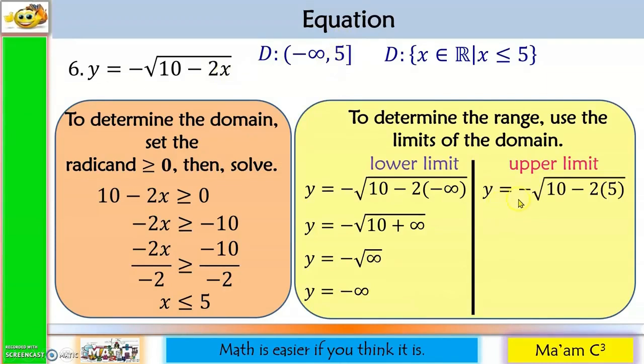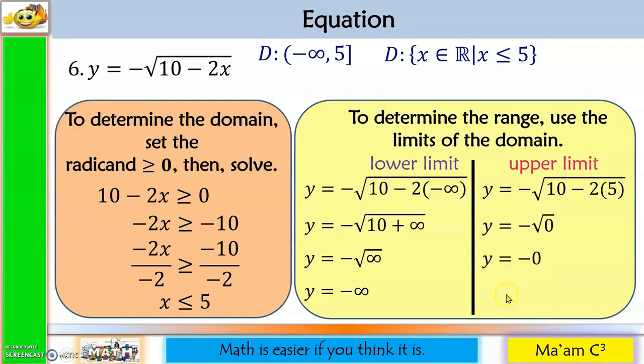Now for the upper limit, let us substitute 5 this time for x. So y equals negative square root of 10 minus 2 times 5. 2 times 5 is 10. So 10 minus 10 is 0. So y equals negative square root of 0. And square root of 0 is 0. So y equals negative 0. But we do not have negative 0.